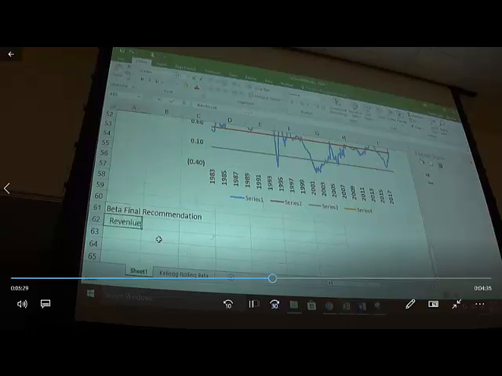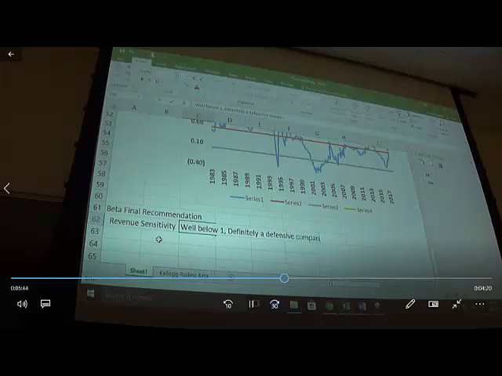So for revenue sensitivity, I'm going to say well below 1, definitely a defensive company. Operating leverage, slightly below average.